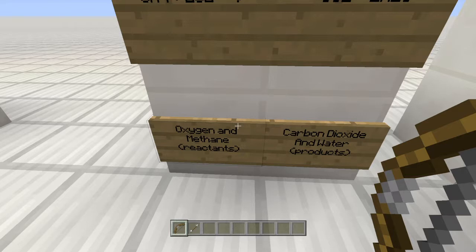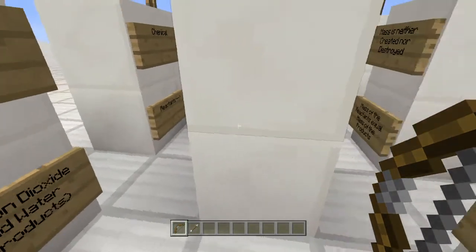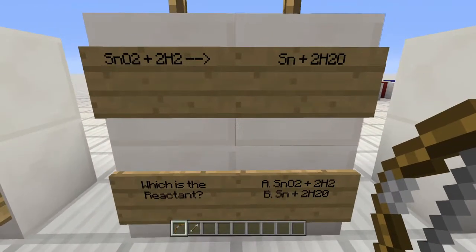Now that I explained reactants, here is a practice problem to make sure you understand the concept. In the chemical equation, SnO2 plus 2H2 equals Sn plus 2H2O, which is the reactant?